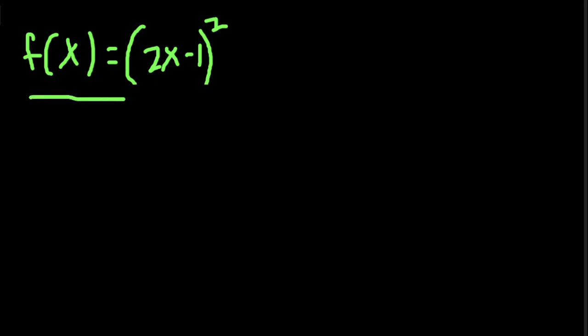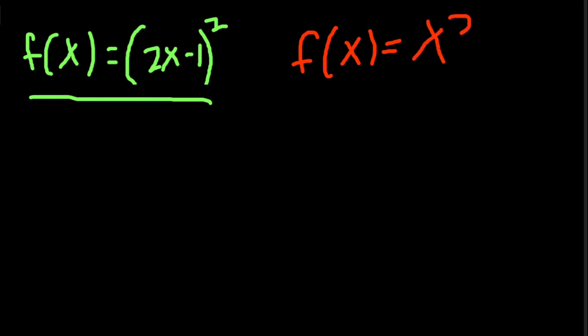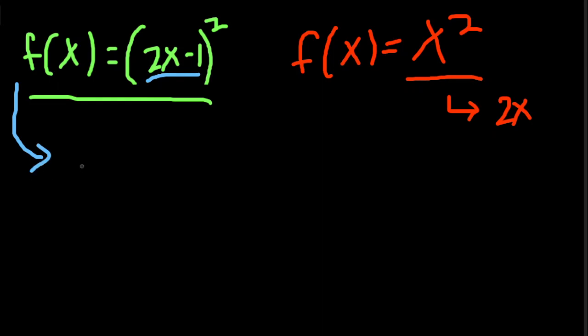The difference between this and, let's say we had f of x is equal to x squared. If we had just x squared, we could go ahead and use the power rule, the first rule we learned, to make it 2x, because we bring the 2 out front. But for this one, because there's a function inside the parentheses, we have to use the chain rule.